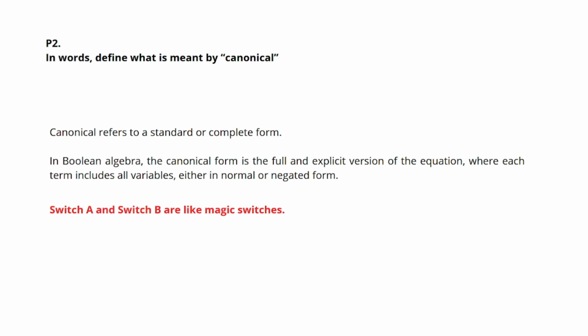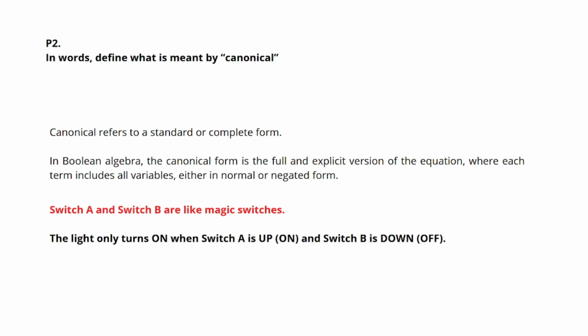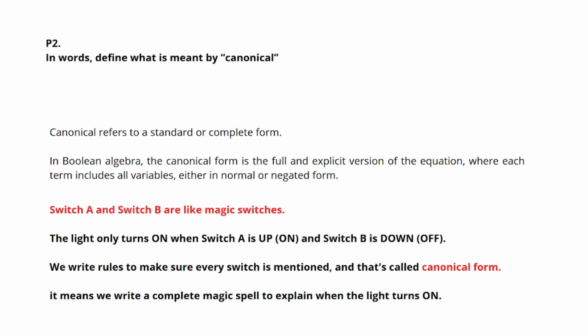If there is a switch A and a switch B, which are like magical switches, the light only turns on when switch A is up, on, and switch B is down, off. So we write rules to make sure every switch is mentioned, and that's called the canonical form. It means we write a complete magical spell to explain when the light will be turning on.